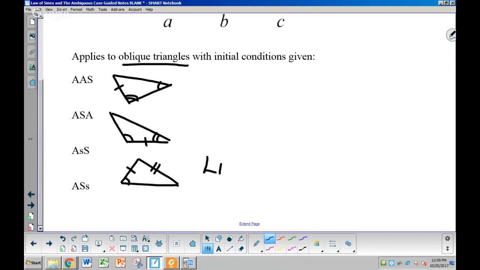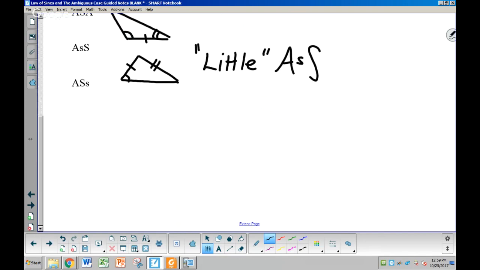And I call this one a little ass problem. And yes, we can giggle. We have to make law of sines fun, right? And that's because the little side is in the middle, and this problem isn't much of a problem. And then we get to the big ass problem, which is what we call the ambiguous case.